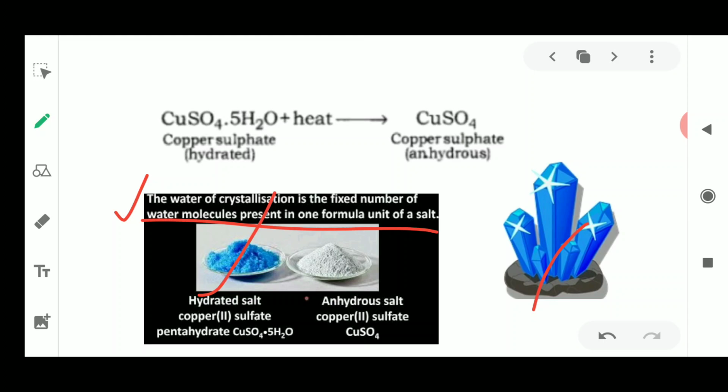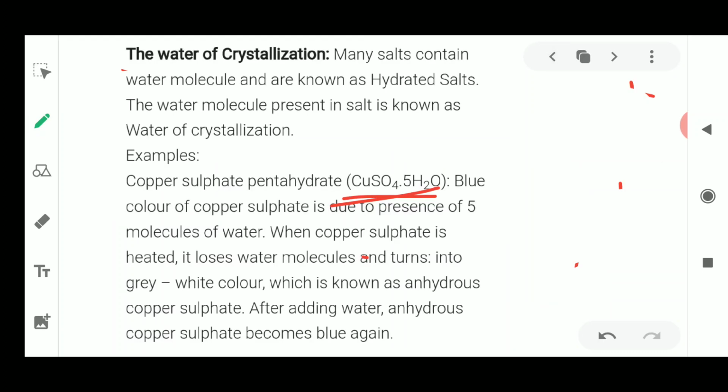Since it has water of crystallization in its formula, but still we are not able to see any moisture. Because the water is trapped between the crystals of this copper sulfate. It helps in maintaining the shape of the copper sulfate, so it is not going to moisten the hands.